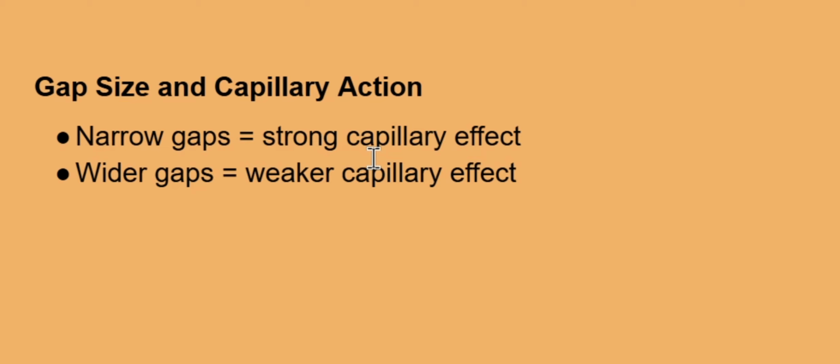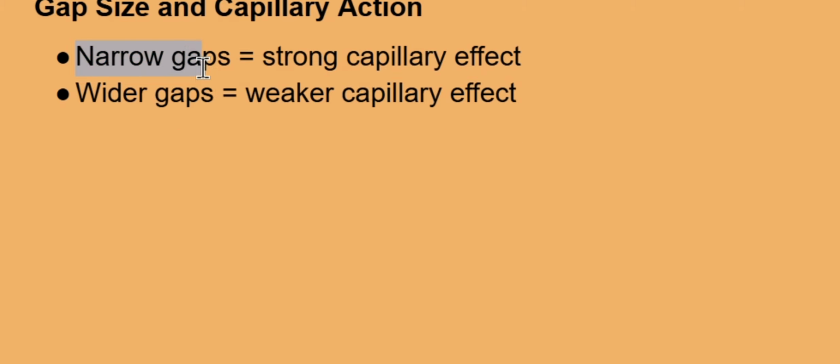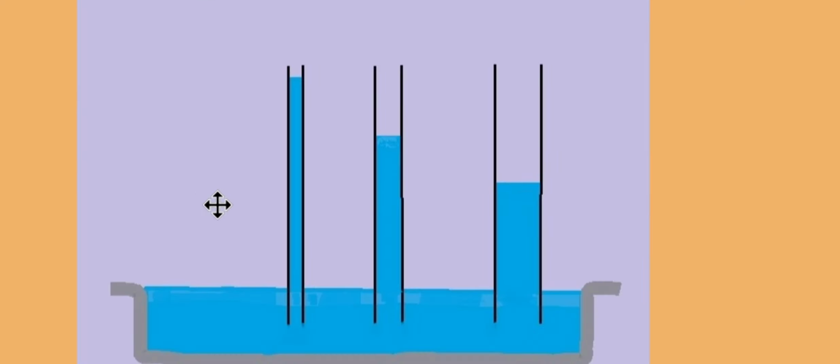So one of the basic principles is the more narrow the gap is between the objects, the stronger the capillary effect. So the wider the gaps, the weaker the effect, until the gap becomes so wide that there's no capillary effect at all. Okay, so just to illustrate this, we've got a pan of water and 3 straws.